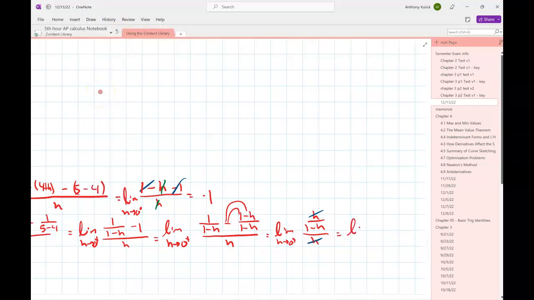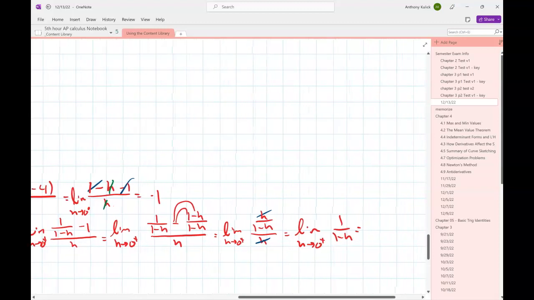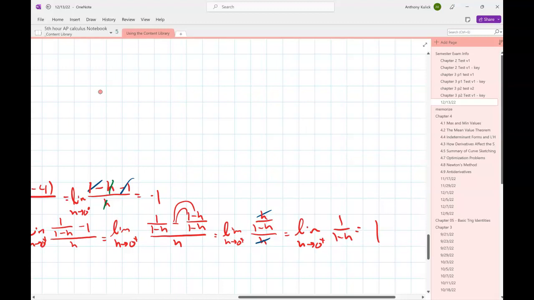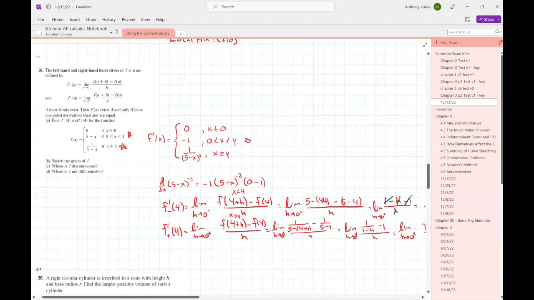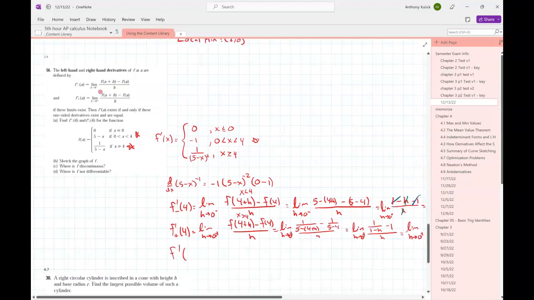So we just have the limit as h approaches 0 of 1 over 1 minus h, which is positive 1. So it appears here that the derivative does not exist. So f prime of 4 does not exist.